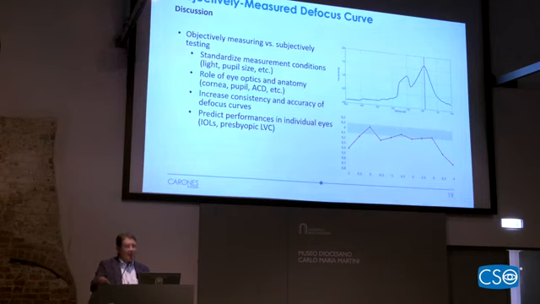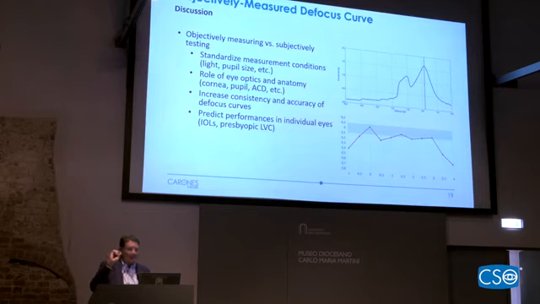This kind of measure may help us as ophthalmologists to really understand what is given by the optics of the IOL that we are going to choose to be implanted, and the anatomy of the eye itself.